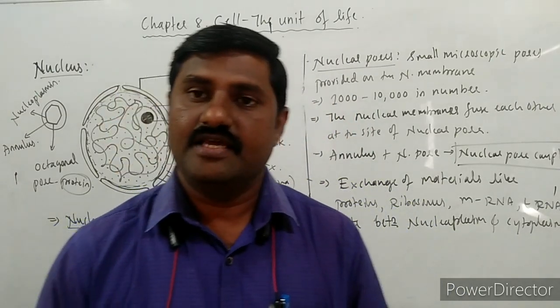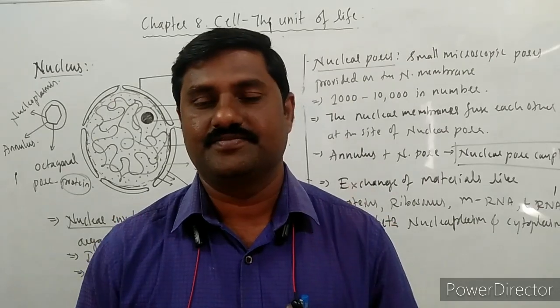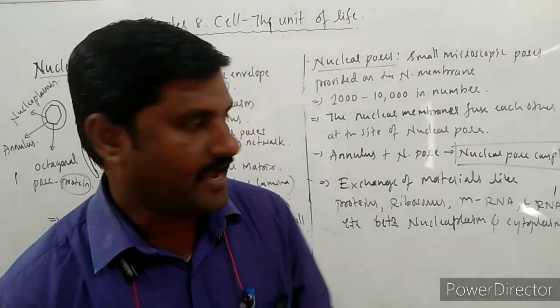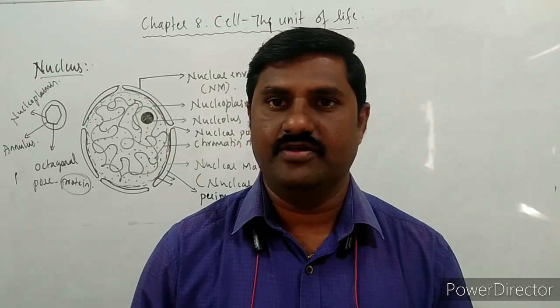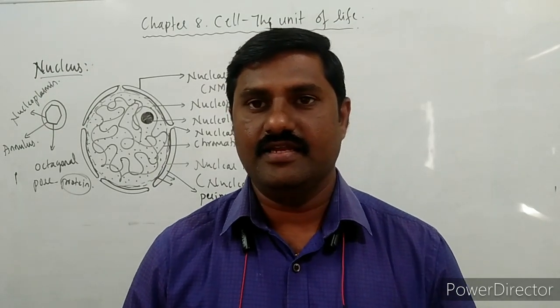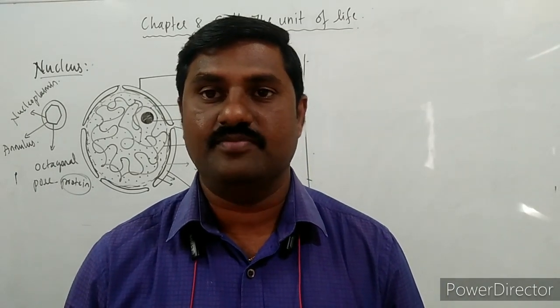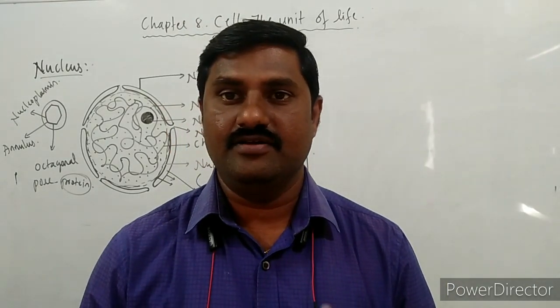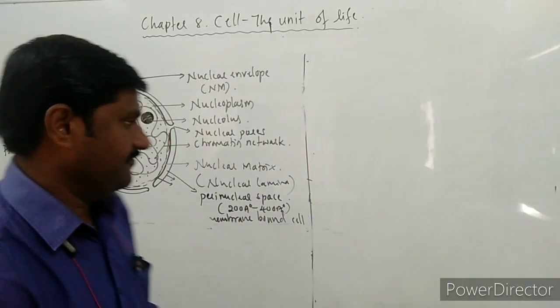Nuclear membrane is one of the important structures of the nucleus, right? In the nuclear membrane, inside the inner membrane, you will find a proteinaceous fibrous structure that gives support to the inner membrane itself.